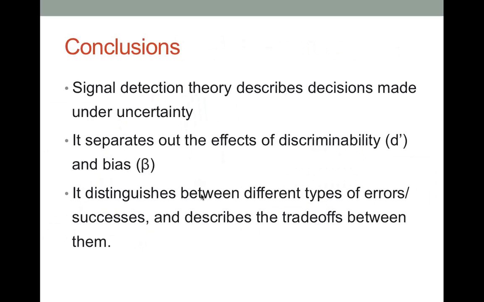So you could shift your criterion around without changing the discriminability, and likewise you could change the discriminability without changing your bias, and those will have different effects on the trade-off between your different types of errors. So it distinguishes between these different types of errors and successes: hits, false alarms, correct rejections, and misses.